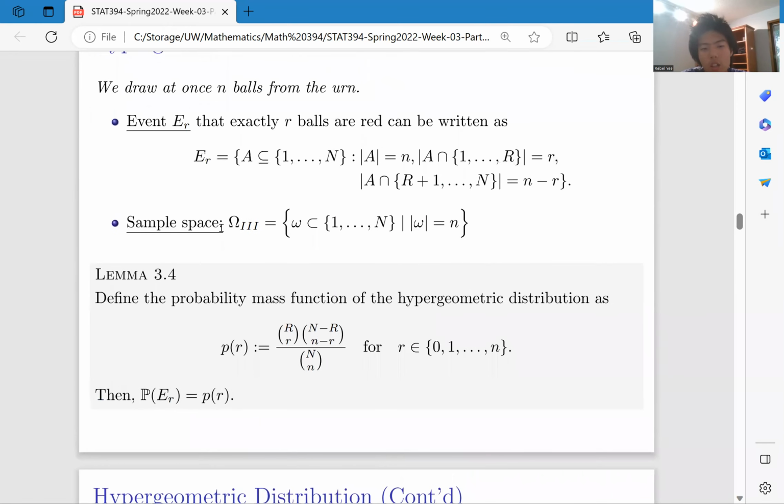So the cardinality, from the last lecture, we know if n balls are drawn, their order is irrelevant, and also they are not replaced back, which means it is without replacement. So the cardinality is just capital N choose n.